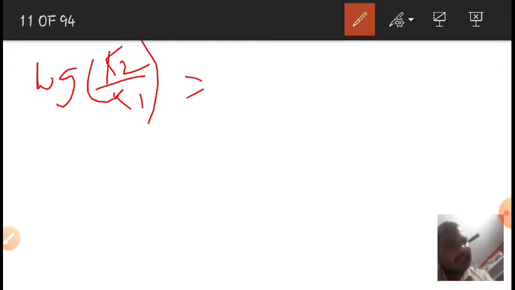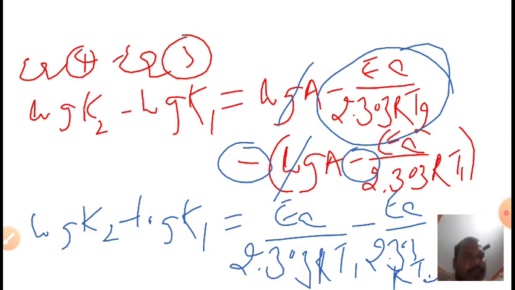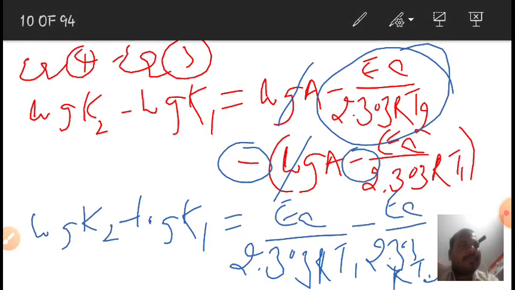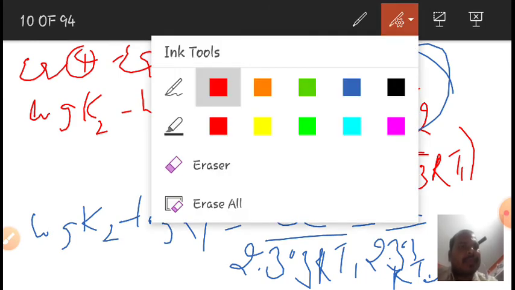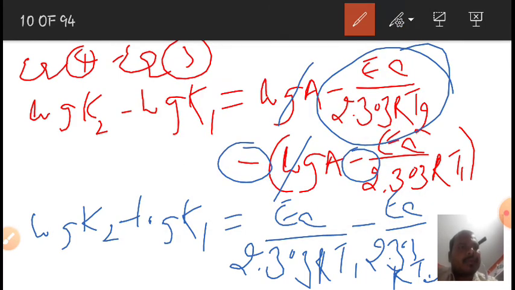Then Ea by 2.303R is common in this equation.